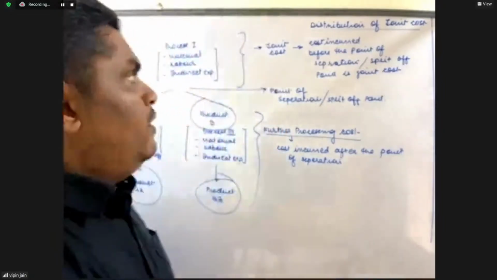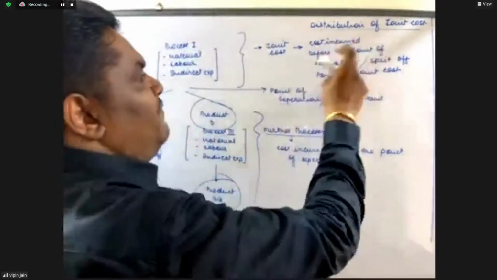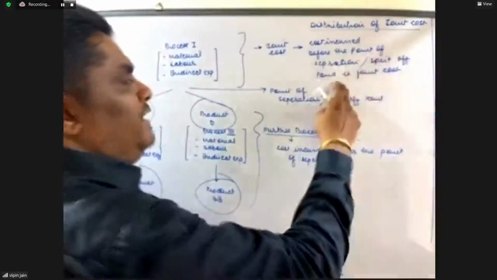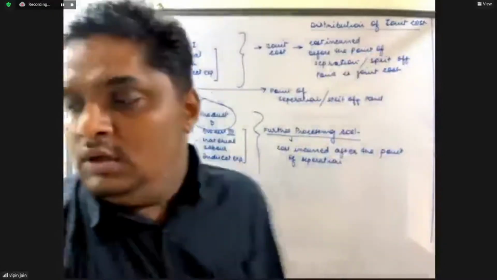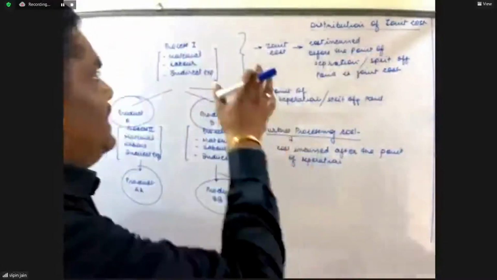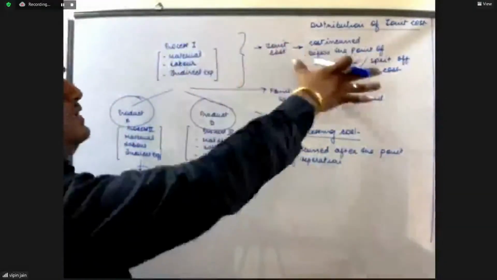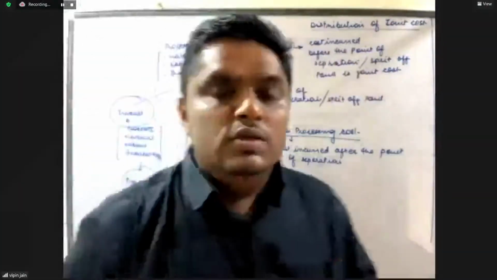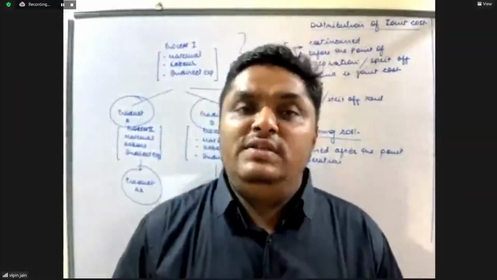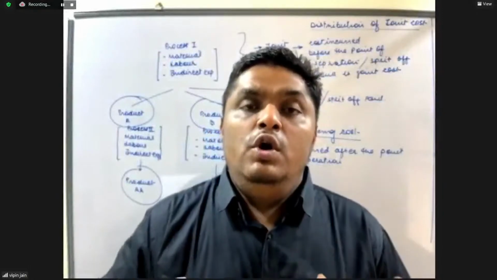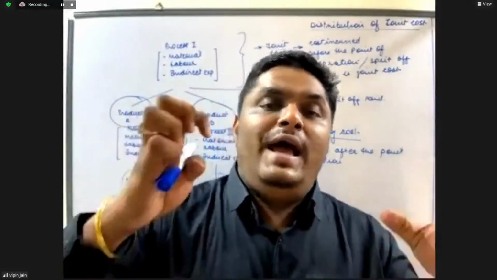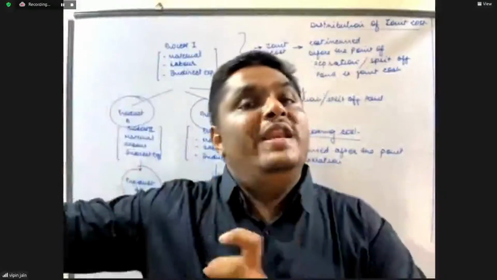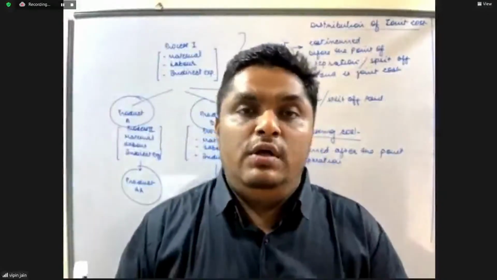Arunima, the joint cost incurred before the point of separation or split off point is my joint cost. So here, in this example, the cost of process first is my joint cost. Let's say I'm a manufacturer of shirts. I process cotton to manufacture my final product, the shirt.